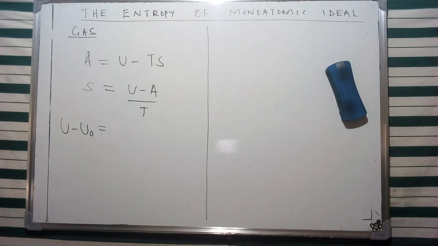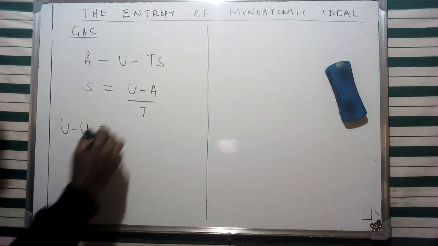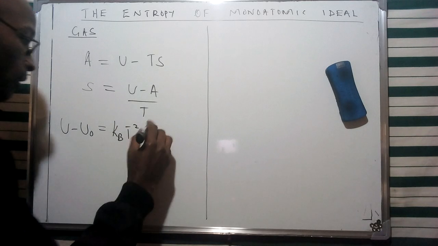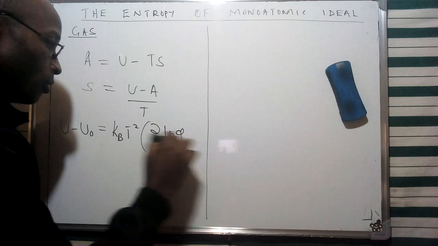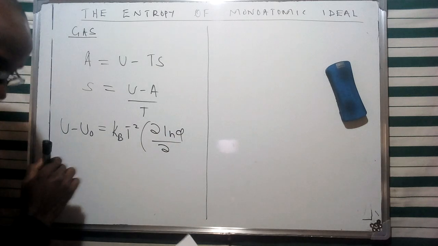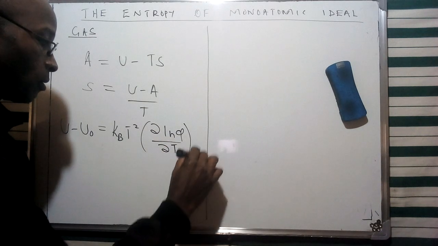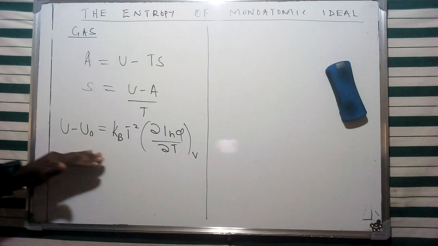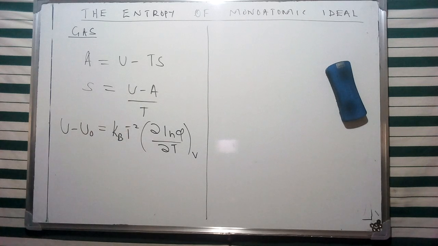We can have the representation of internal energy as a product of kB, the square of T, and the partial derivative of the natural logarithm of Q with respect to temperature, under constant volume. So this was a representation for the internal energy of that specific system under consideration.